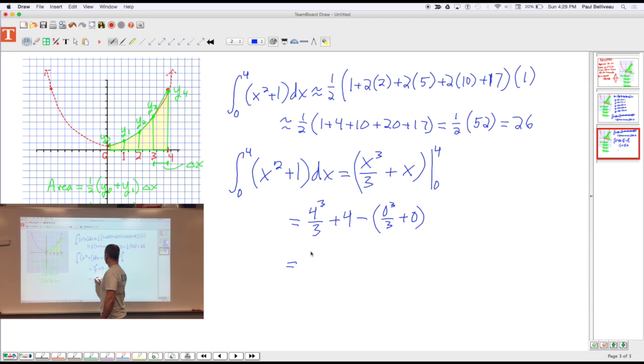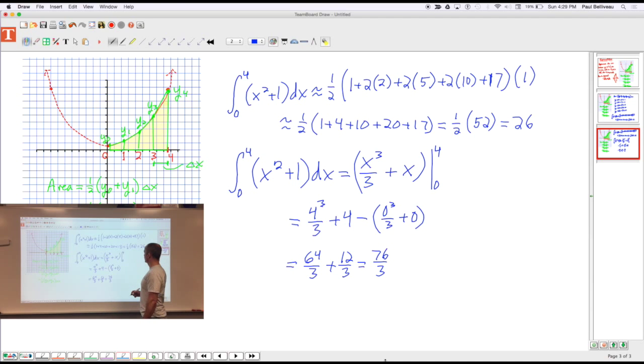This is 64 over 3 plus 4, which would be 12 over 3, which gives us 76 over 3, if I've done that correctly.